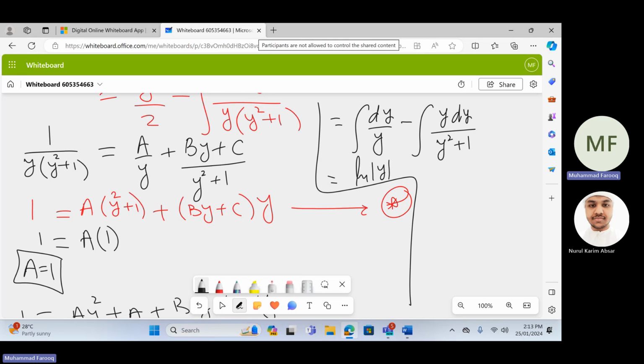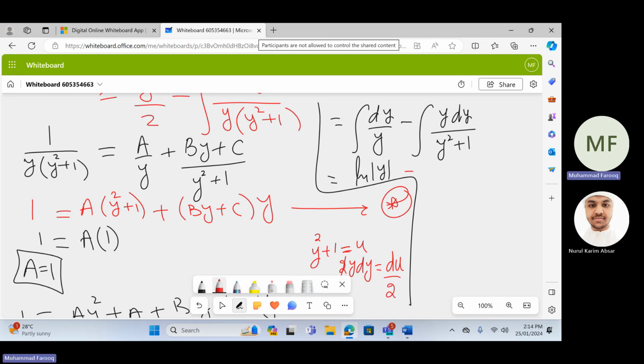How do you integrate this one? Substitute. Put y squared plus 1 is equal to u. Then you have 2y dy is equal to du. I don't have 2, so y dy is du divided by 2.